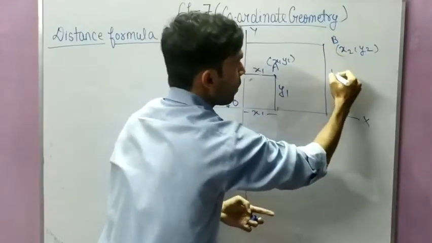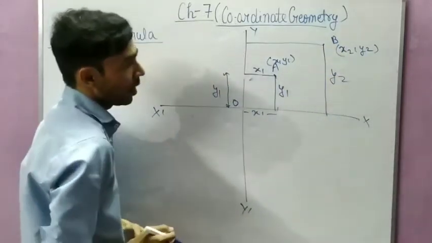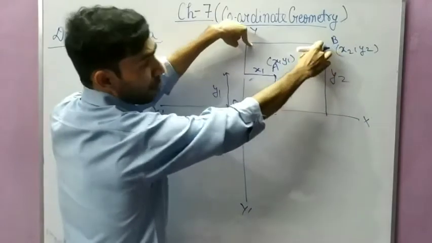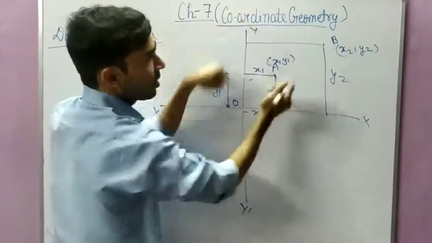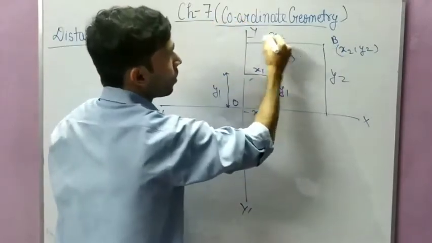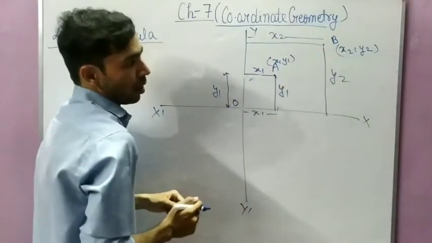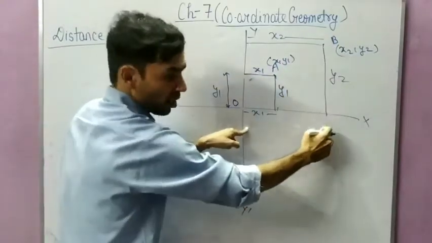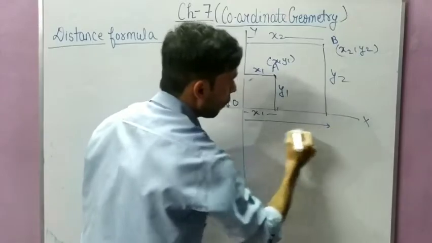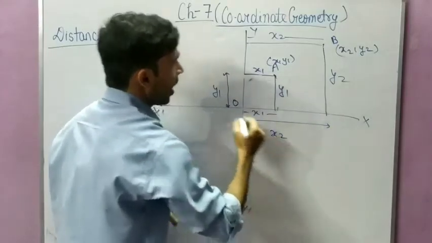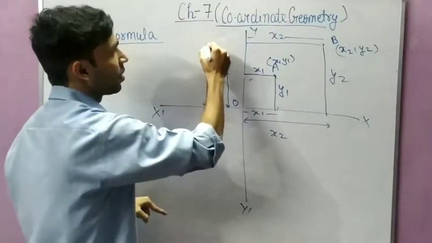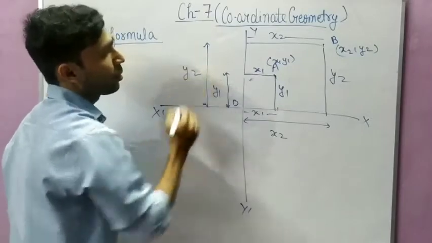So this distance will be y2. And see, this distance is parallel to which axis? Parallel to the x-axis, so this will be our x2. Now, see, this is parallel to this, so from here to here, it will be x2 now. And from here to here, it will be our y2.